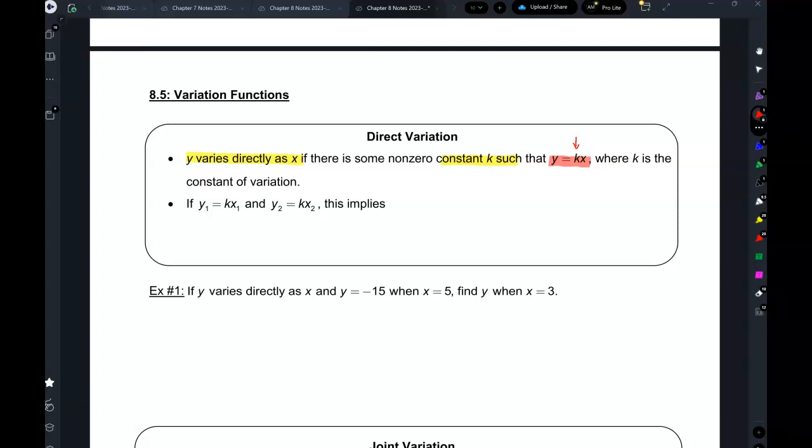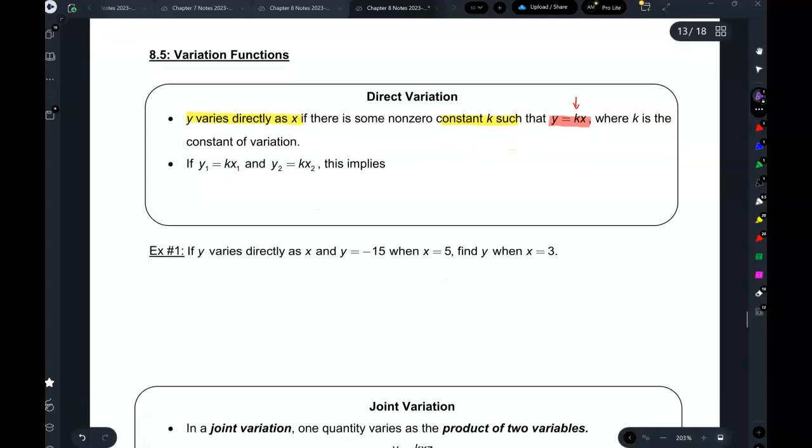If I multiply X by 7, what happens to Y? 7 times bigger. That's direct variation. If K is a half, if I multiply X by half, what happens to Y? Half as small. That's direct variation.